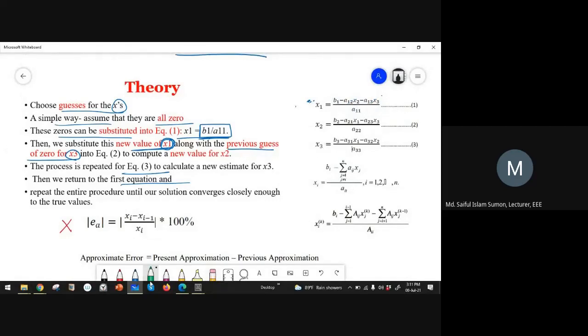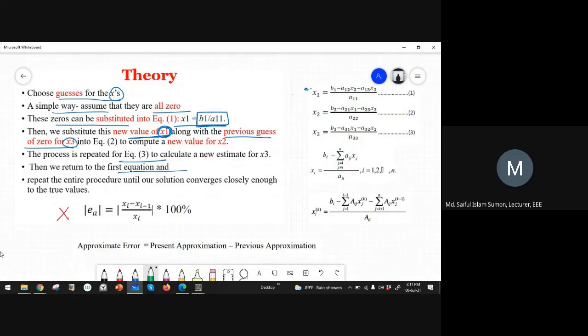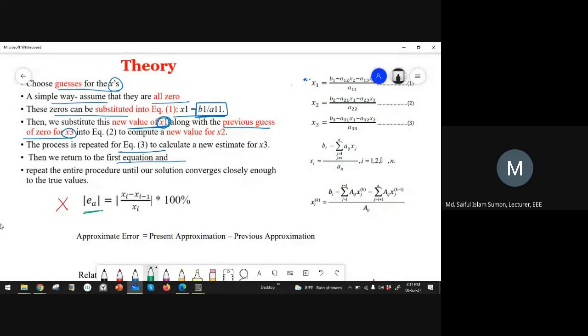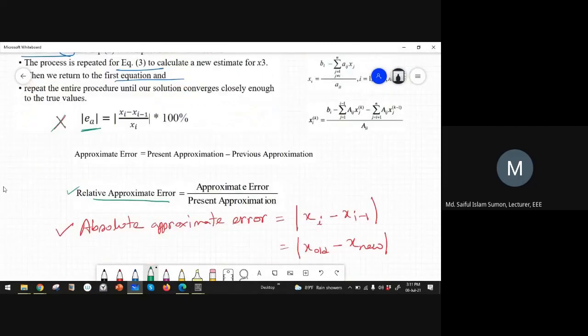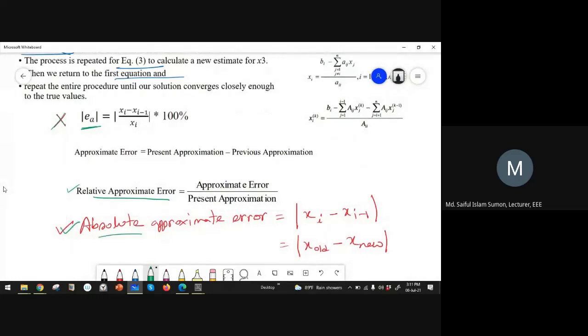So here in your lab sheet, they have given the definition of absolute relative approximate error. But in the code they have not used this one. Rather, what they have used is actually this one, absolute approximate error.